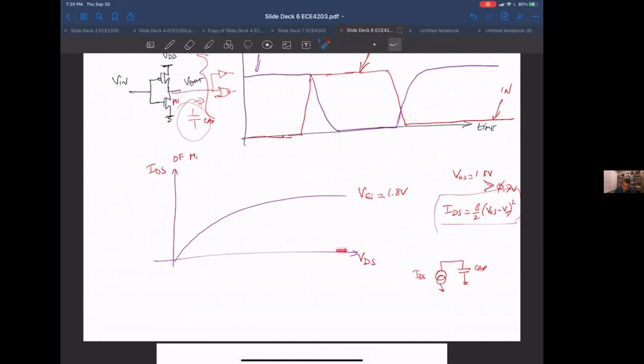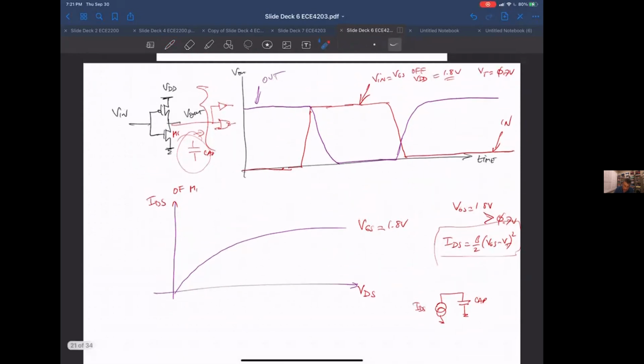So it's really reducing its own drain source voltage at the same time. This node starts going down. The VGS on this guy stays constant at 1.8 volts, but the drain source voltage goes down, down, down. At some point it goes from saturation into linear.